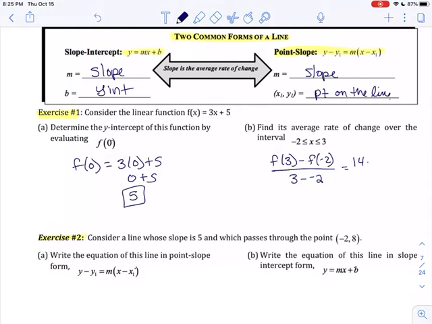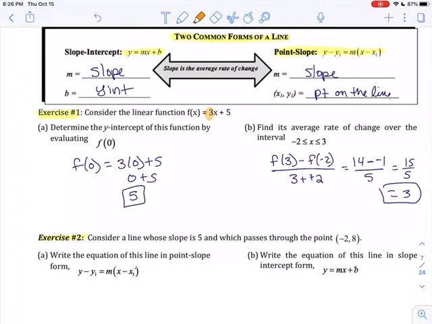F of negative 2, I'm plugging in negative 2. 3 times negative 2 is negative 6 plus 5 is negative 1. So I'm subtracting that. F of 3 is 14 minus f of negative 2 is negative 1. And 3 minus negative 2 is going to be 5. So this is 15 over 5, which is 3.